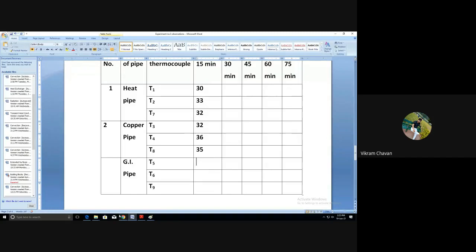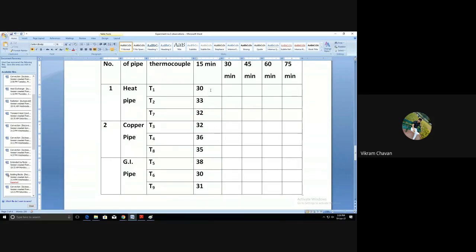Then in this case you get 38, 30, and here also 31. So if you get such readings, how to compare these three pipes?